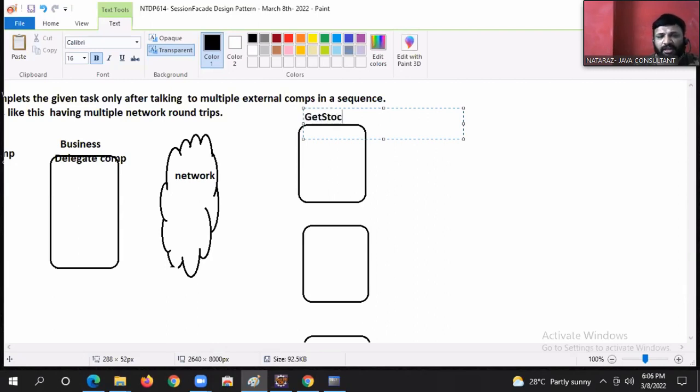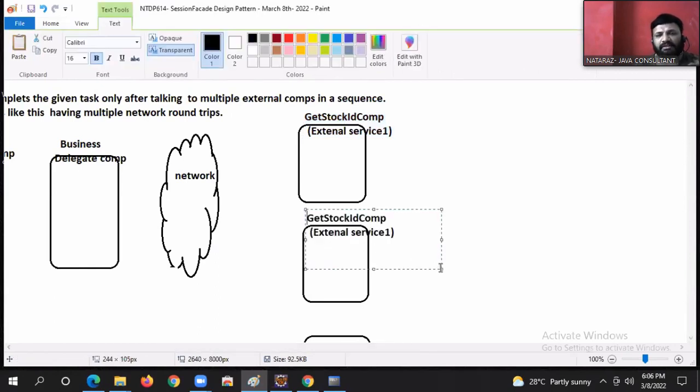External component 1 is capable of getting stock ID. Get stock ID, external service 1. Get stock value component, external service 2.